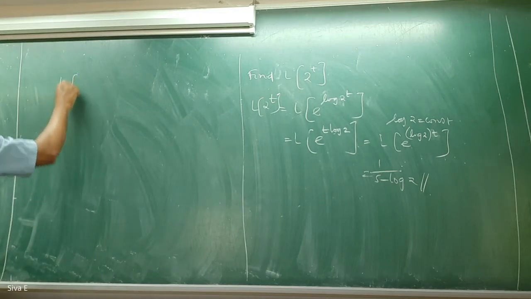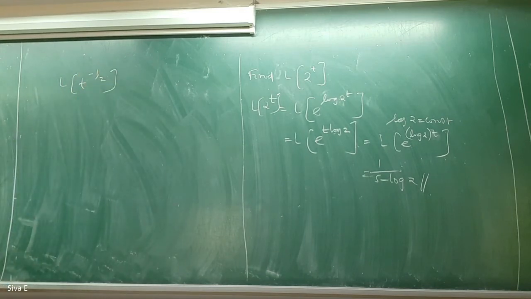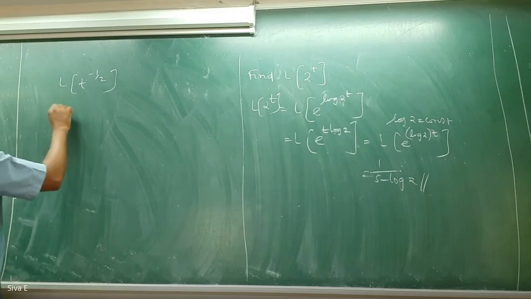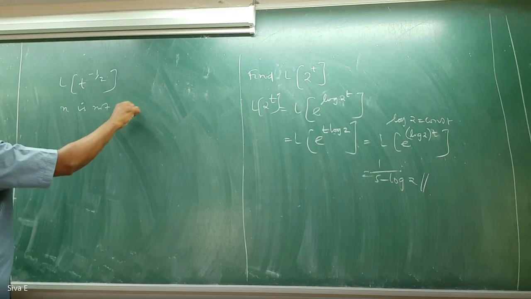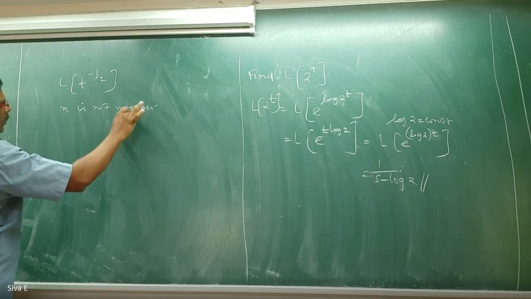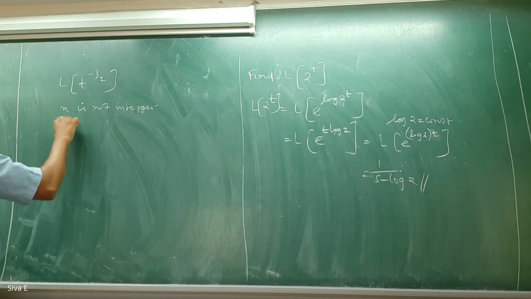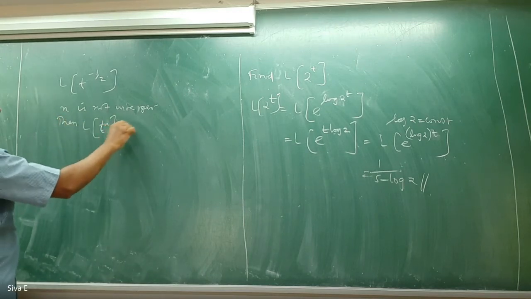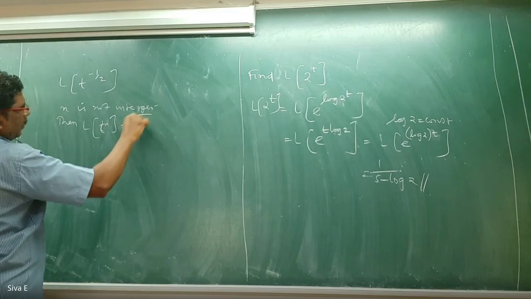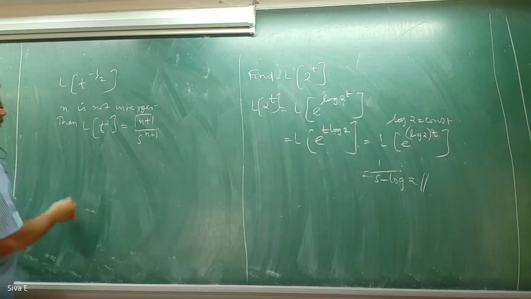Find the Laplace transform of t power minus half. When n is not an integer, Laplace transform of t power n equals gamma of n plus 1 by s power n plus 1.